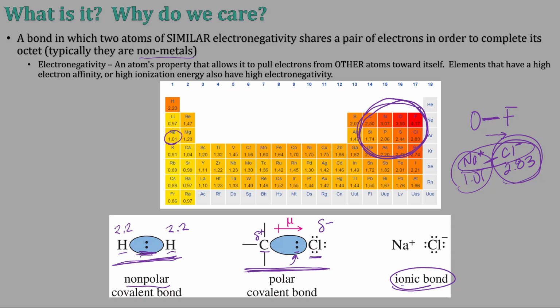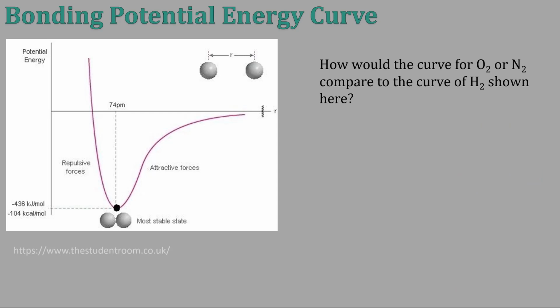So let's look at a covalent bond in more detail. This is a potential energy curve showing the potential energy versus internuclear distance. Along the x-axis we have internuclear distance, which is the distance from nucleus to nucleus between two atoms.